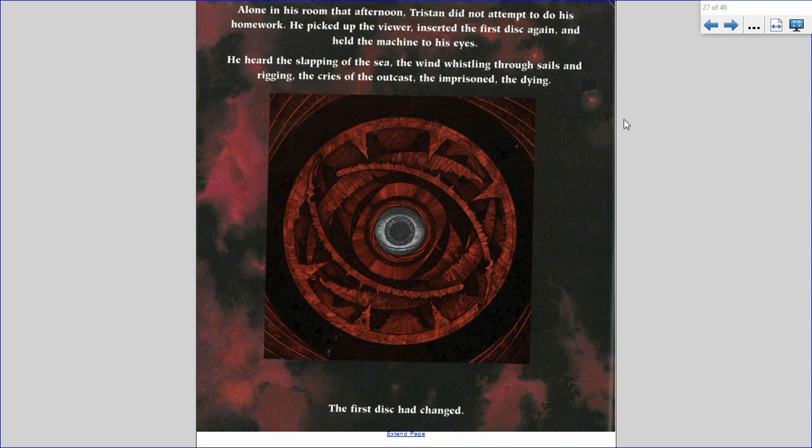Alone in his room that afternoon, Tristan did not attempt to do his homework. He picked up the viewer, inserted the first disc again, and held the machine to his eyes. He heard the slapping of the sea, the wind whistling through sails and rigging, the cries of the outcast, the imprisoned, the dying. The first disc had changed.